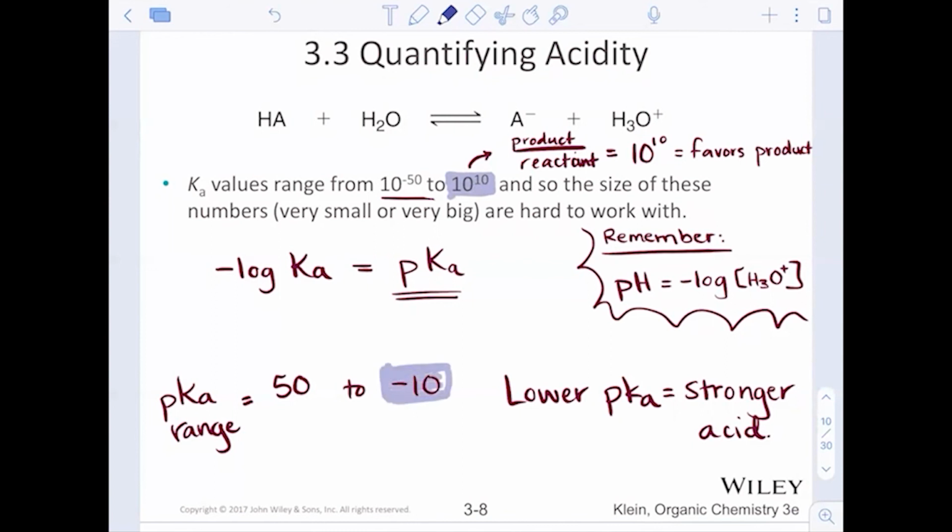And it still means the same thing. It favors products, right? So the lower the pKa, the stronger the acid. Just like if we remember, the larger the Ka, the stronger the acid. These two things go hand in hand. Just be very, very clear on which one you are talking about, the Ka or the pKa. We'll be dealing with pKas.